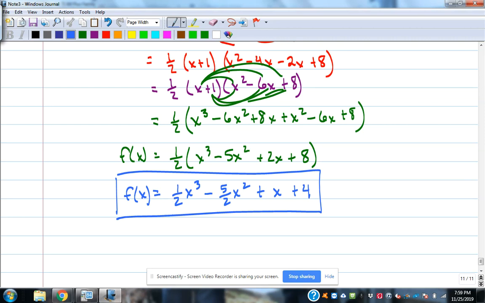And you built a polynomial, given some zeros, and another point on that polynomial. Not easy, not short. A lot of operations there that could have been messed up.